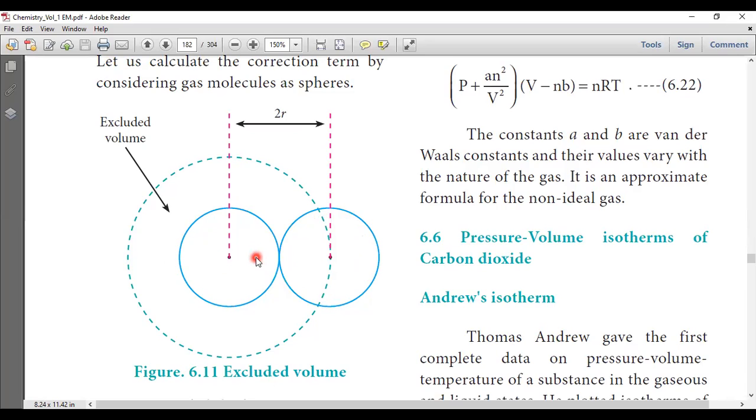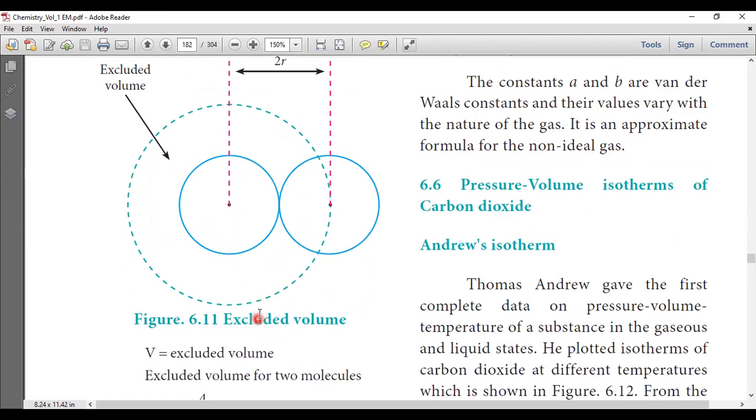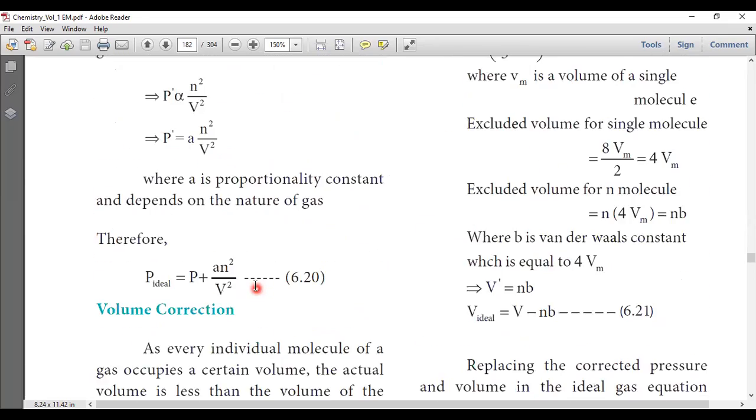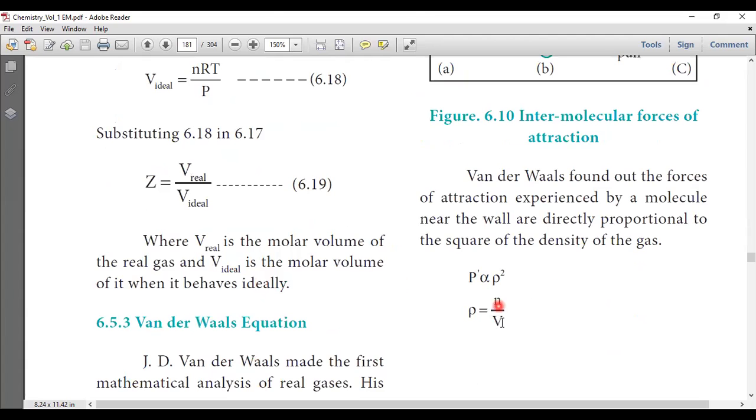When these two gas molecules come closer to each other, the distance between the midpoint of one and the midpoint of the other is mentioned as 2r. Considering this with the mid position of another gas molecule, we call it the excluded volume. So excluded volume is not involved in the one gas molecule. Now we'll move on to the derivation.